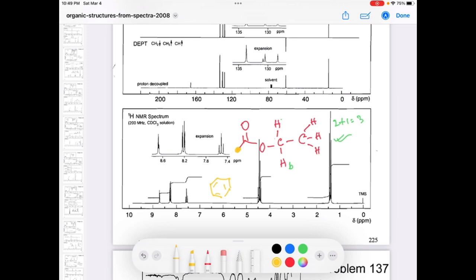And if you see the expansion, you see the triplet, and that triplet is also split a little bit, not expanded quite well, but a little bit split. This doublet is also split into another doublet, so that is called a doublet of doublet, and it is a triplet of doublet, a small triplet.